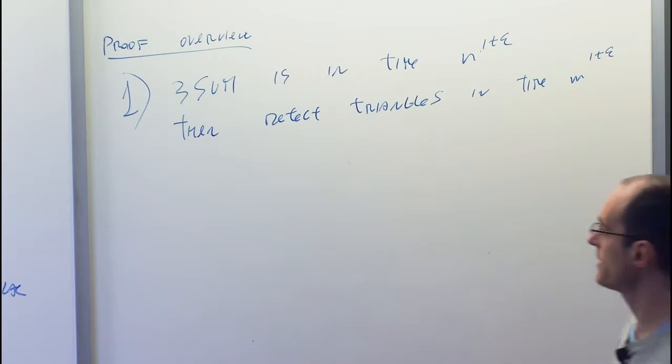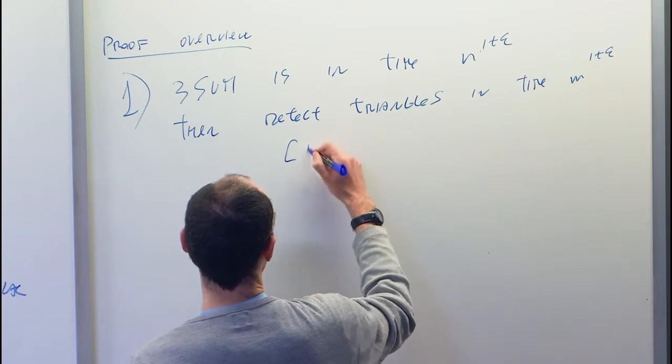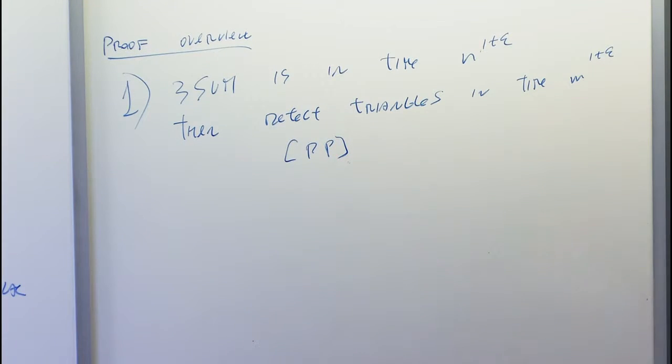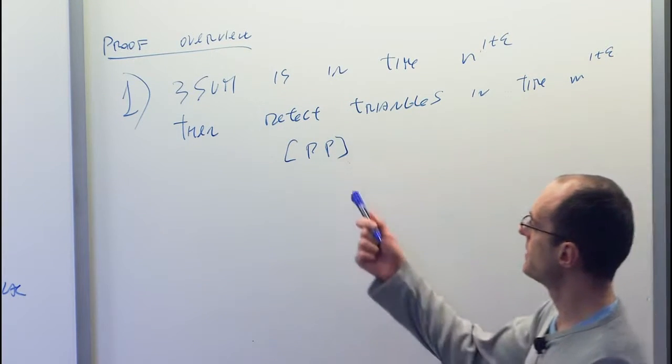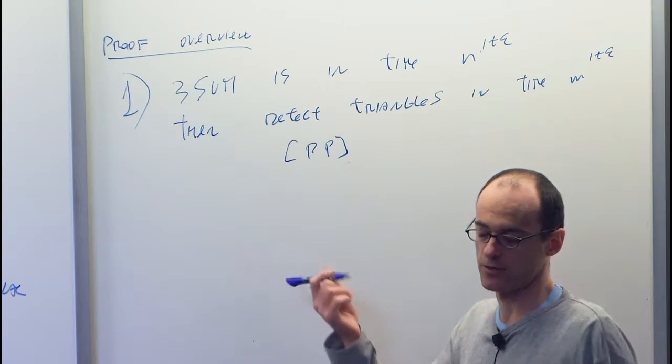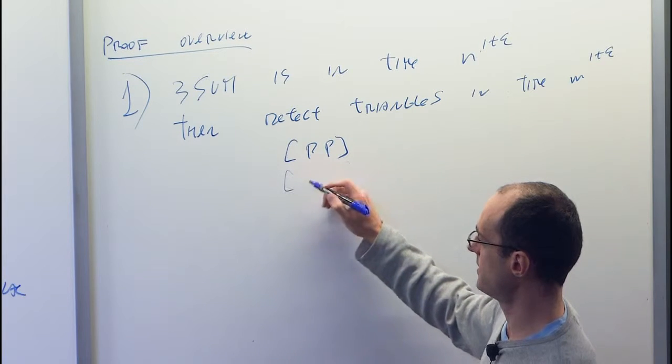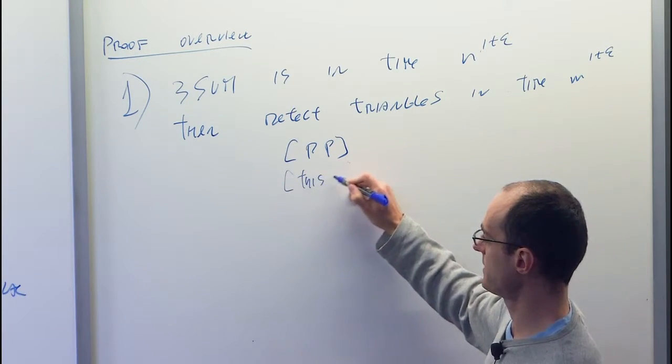In fact, it was done earlier by Pagh and Pagh, in a different context, which we didn't know about. But a technical contribution of this work is to make this thing deterministic.